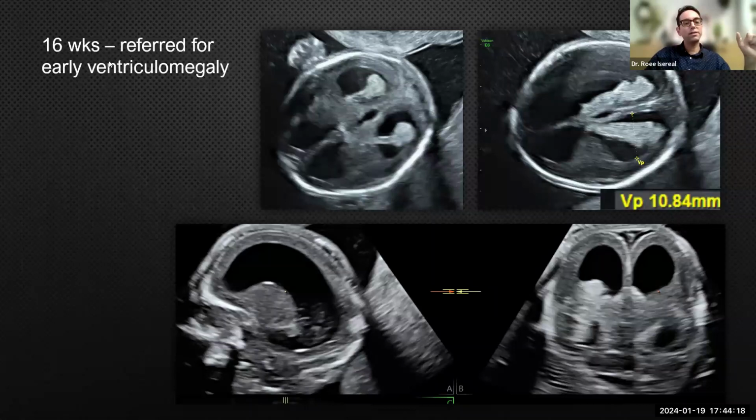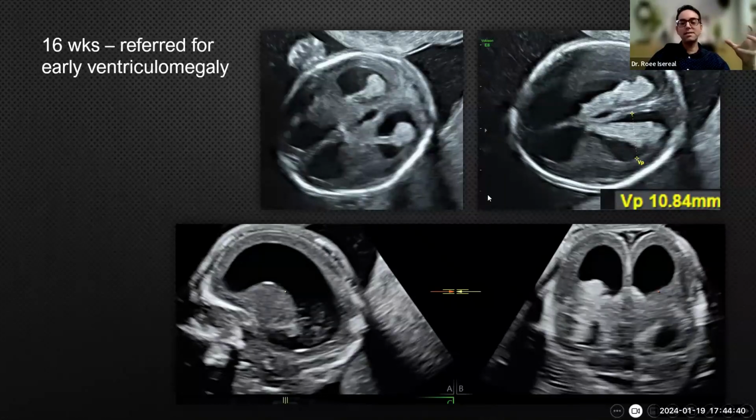This is a patient referred at 16 gestational weeks due to early ventriculomegaly. Again, as we talked about the corpus callosum, please don't measure before, because if you measure this, you can say, okay, it's just 10 millimeters, it's borderline ventriculomegaly. And if you play a little bit with the calipers, you might end up here with 9.7 millimeters, which is by definition not really ventriculomegaly.